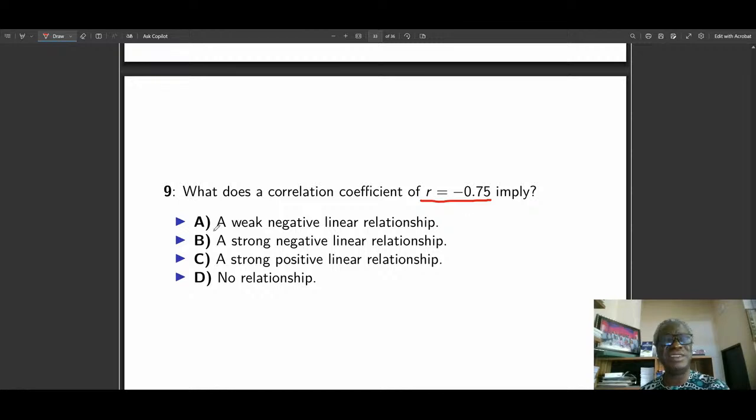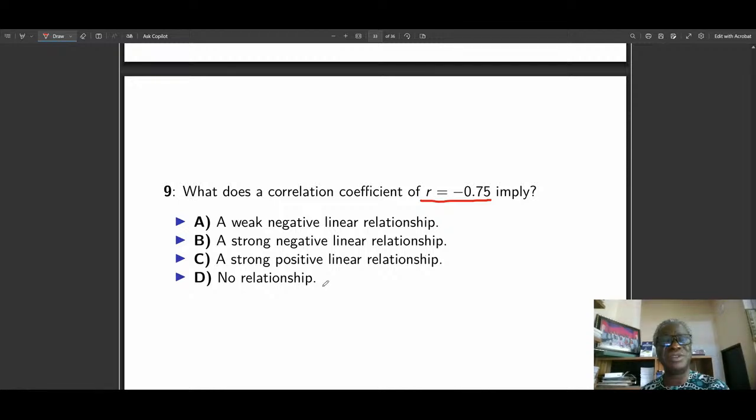A, a weak negative linear relationship; B, a strong negative linear relationship; C, a strong positive linear relationship; D, no linear relationship.